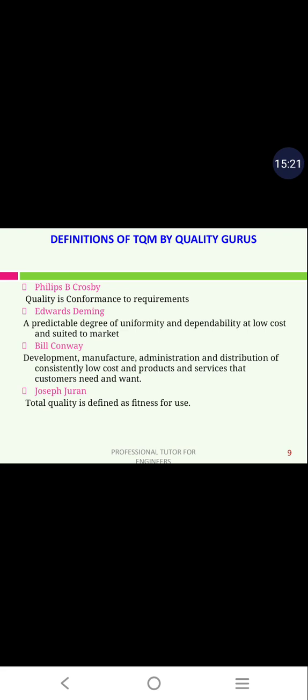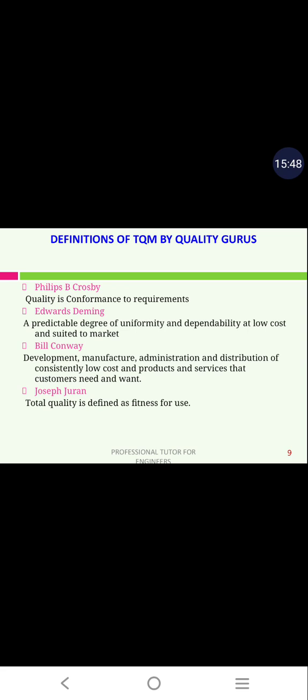That is the expectation of the customer. As we all know, we also would have purchased so many products, and everybody is looking for good quality at lower cost. Bill Conway is also focusing on that. He says that you have to develop, design and manufacture a product at very low cost with good quality, so that people can buy it and it will satisfy their needs.